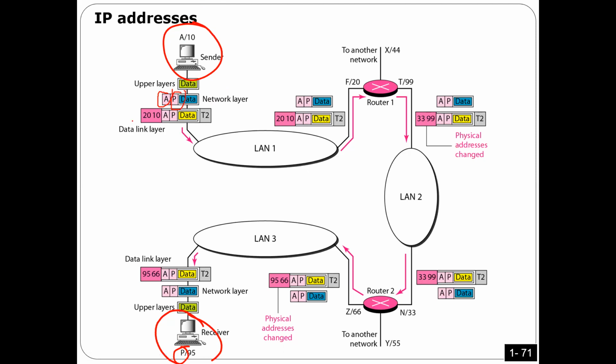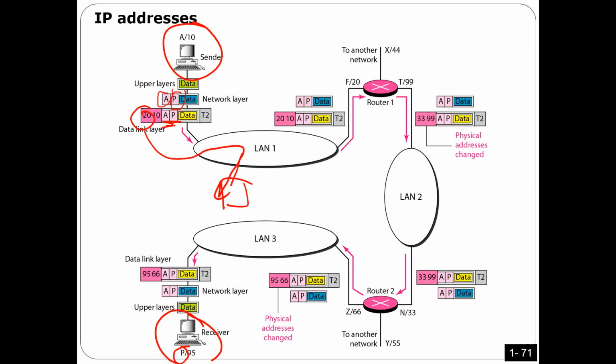What happens in the next layer, as you see here, is encapsulation, as I told you. The next layer has to decide if this computer P is one computer here in my network. If so, I'm going to use the MAC of this computer to get it delivered here. So after I receive this packet, there are two things I can do.